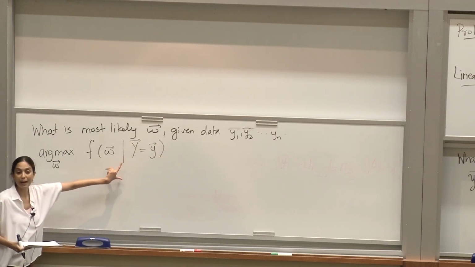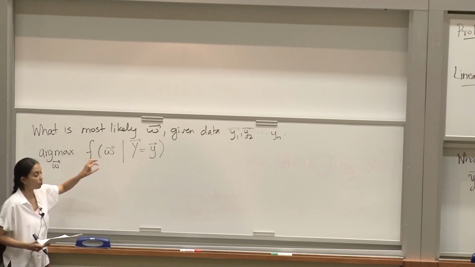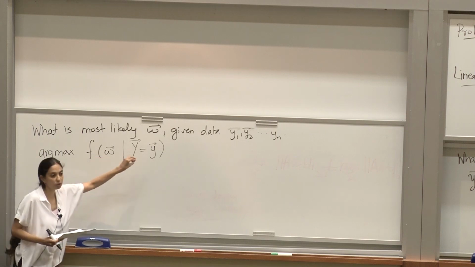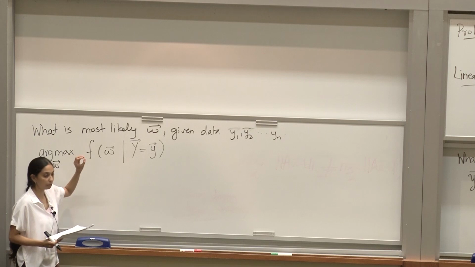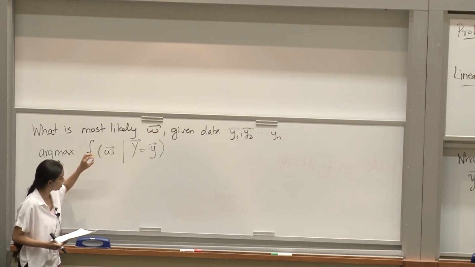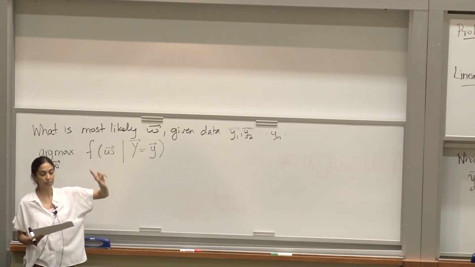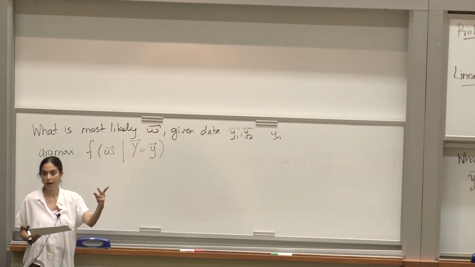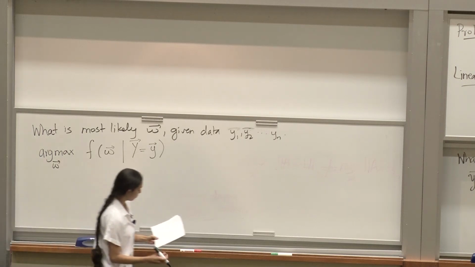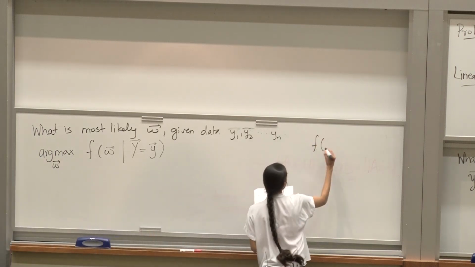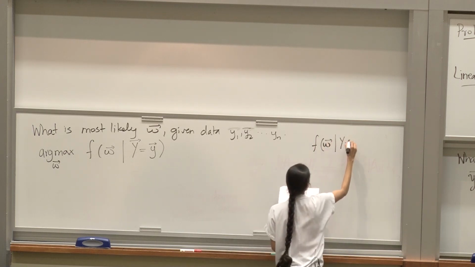What we were looking at in maximum likelihood was the flipped version, right? We were looking at the data conditioned on W. Now we want to look at the best W given what we have observed. This is the difference between maximum a posteriori and maximum likelihood. But now remember that I can write f of W given Y equal to y.